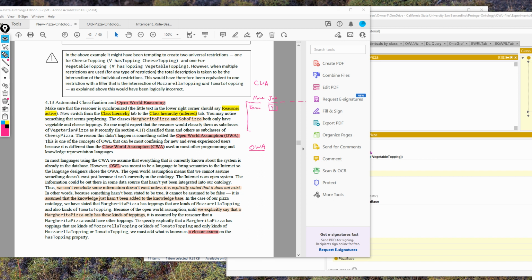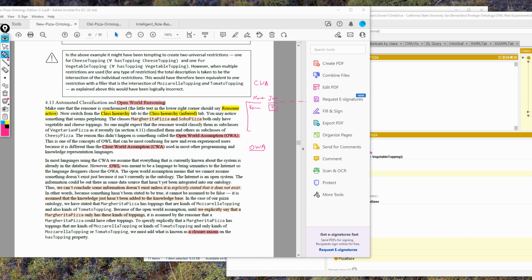Or maybe even though Kevin has a job, the system has not found it yet. So in the OWA, you cannot conclude that Kevin doesn't have a job. Basically, it's a question mark.